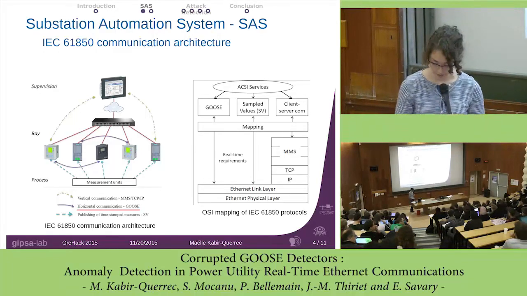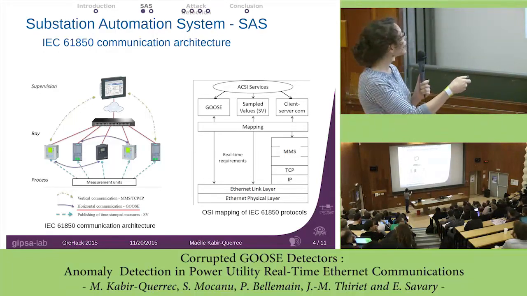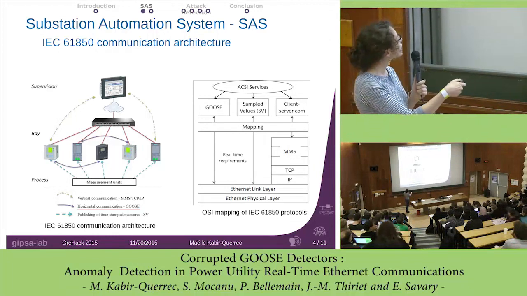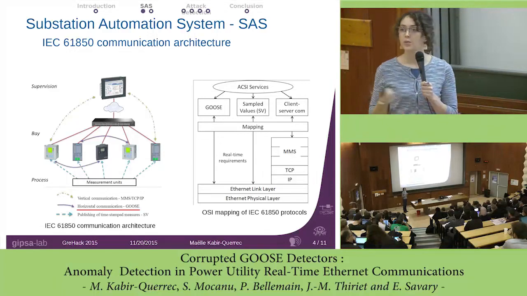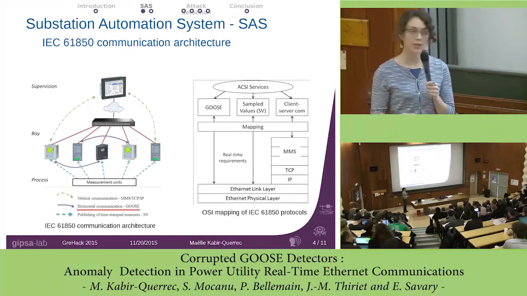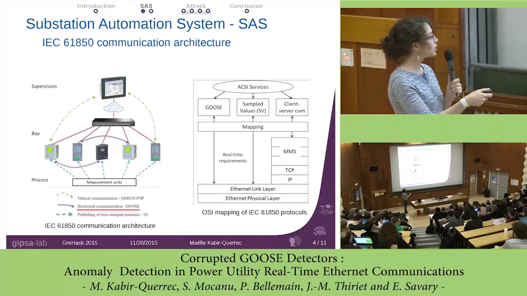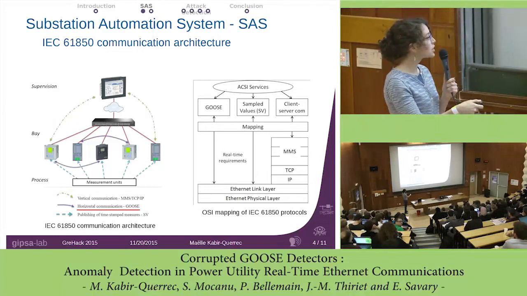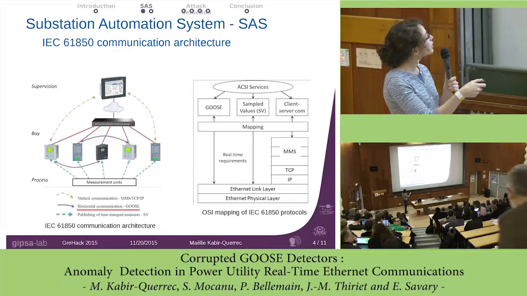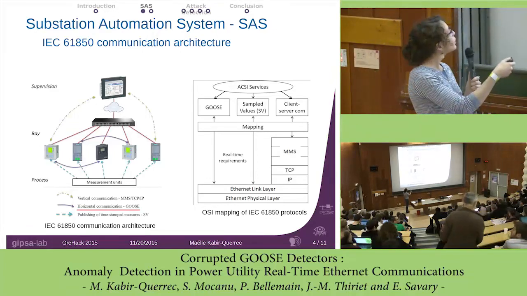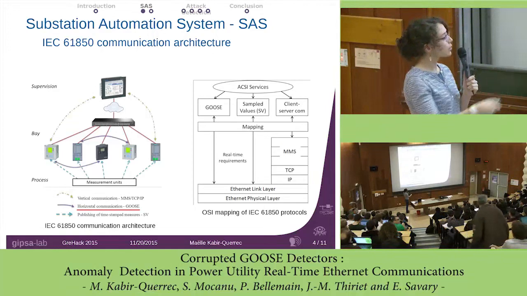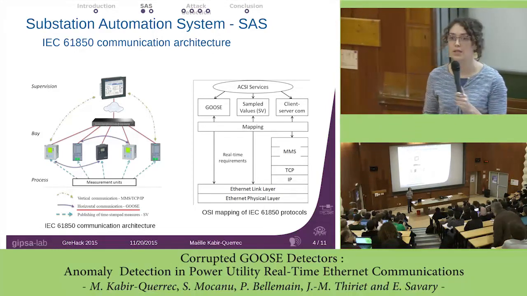You have 3 levels. The base one here is the process level, so where you have circuit breakers and other machines. And you have measurement units on those machines. The second level is the bay level, that is the actuators. We call those devices intelligent electronic devices.